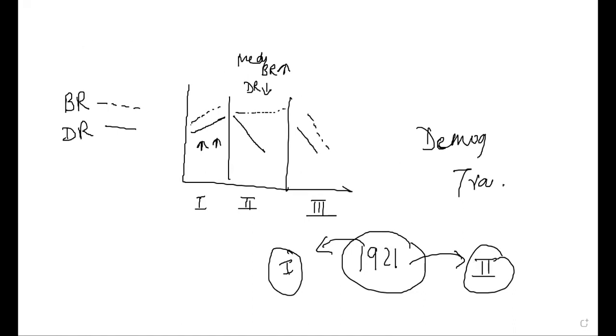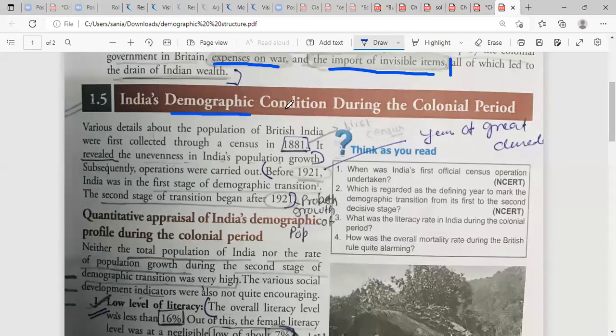So now you are going to write the heading, demographic structure. Just write India's demographic condition during the colonial period. Just write it down.